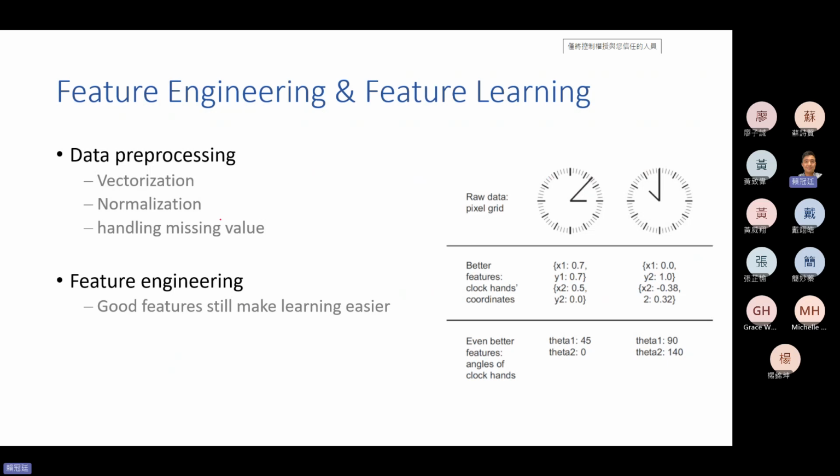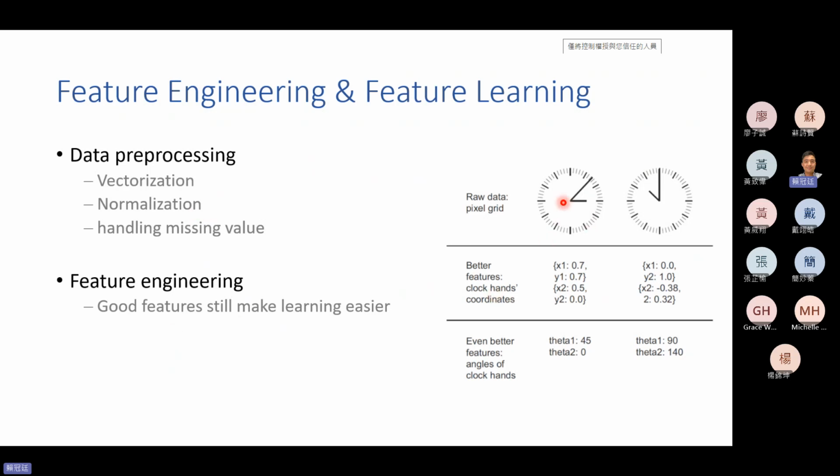The data processing includes 3 steps: vectorization and normalization, handling the missing values, and feature engineering.